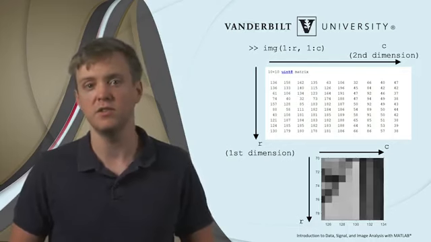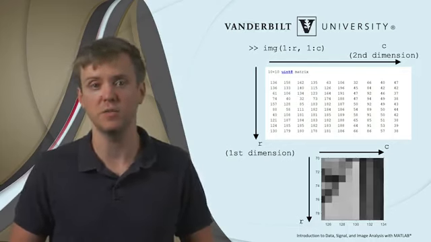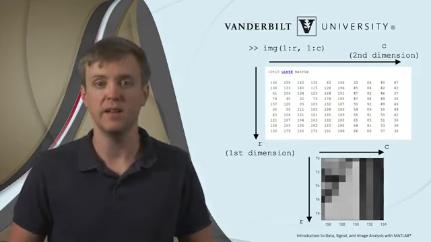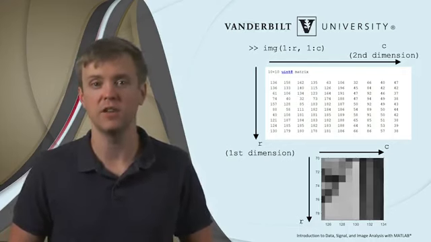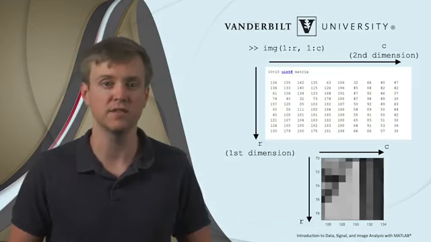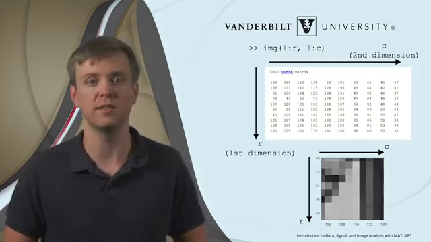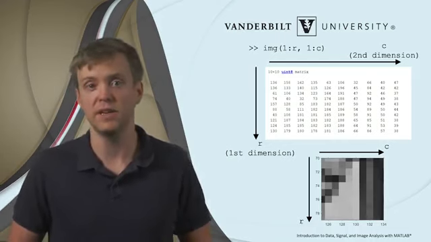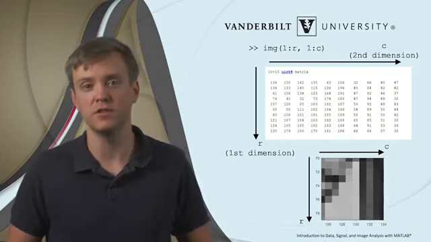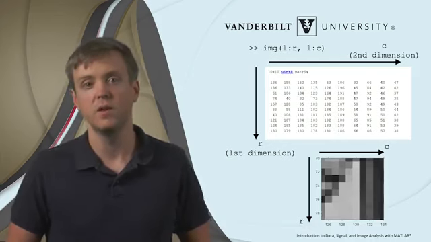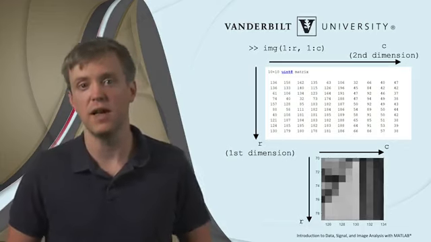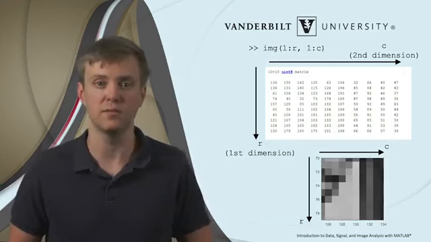If we think of the image as having XY coordinates, with X being the first dimension and Y being the second, then when we display an image, our first dimension X increases downward along the vertical axis, and our second dimension Y increases rightward along the horizontal axis. This may seem a bit odd at first, but again, this follows our matrix coordinate notation. When we index a matrix, our first dimension indexes down the rows of the matrix, and our second indexes across the columns.